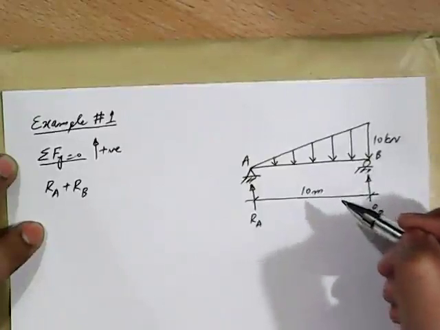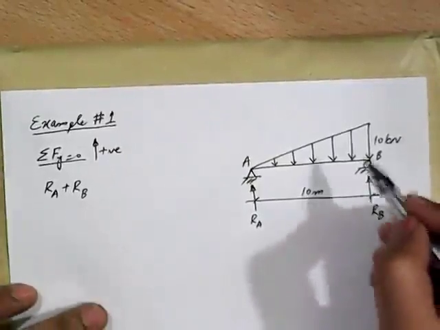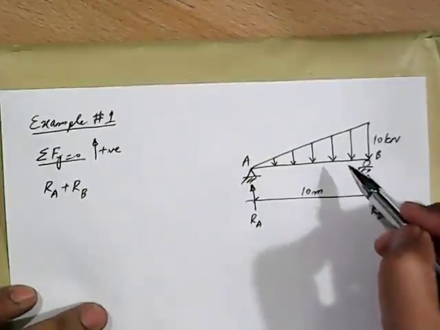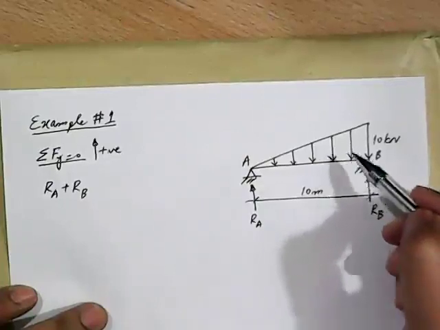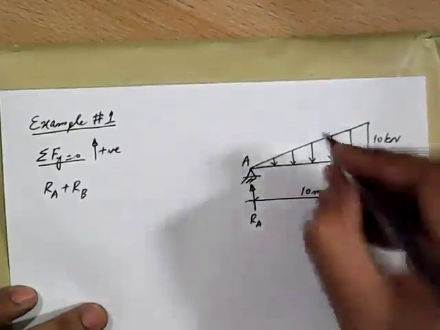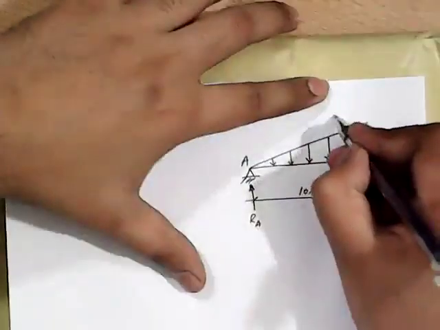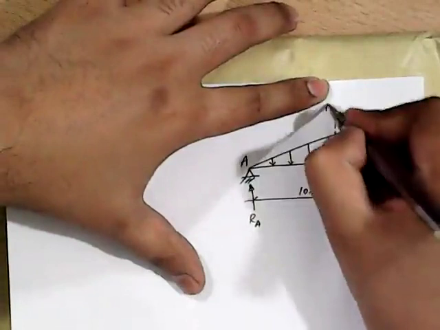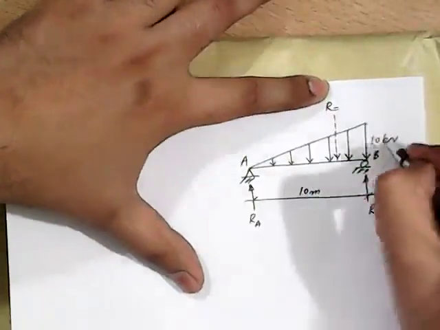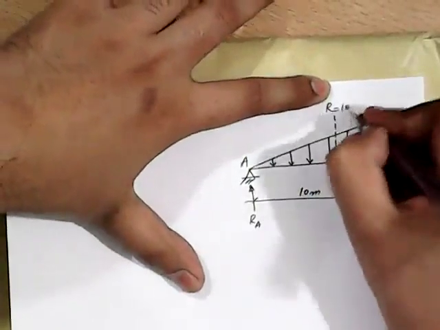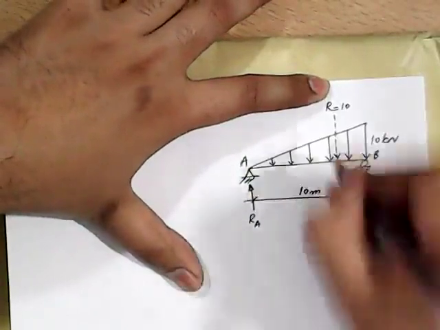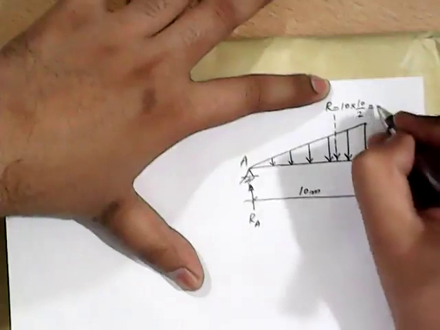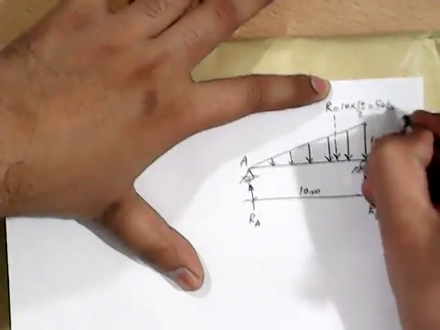Now the resultant of VDL, as we discussed in our first class, passes through the centroid of the triangle, and the direction will be downward because the load is acting downward. So the resultant R is 10 into 10 divided by 2, where 10 is the ordinate and 10 is the base.